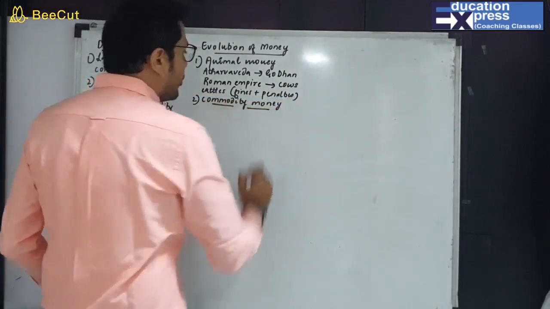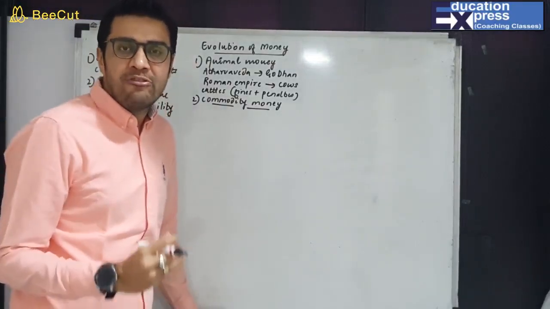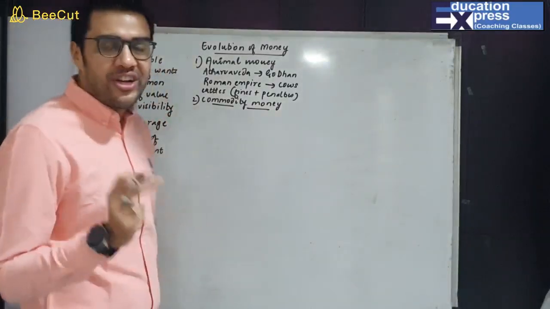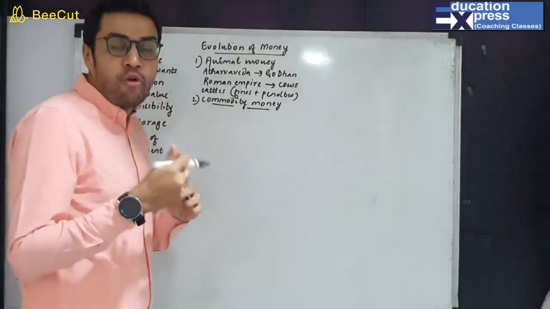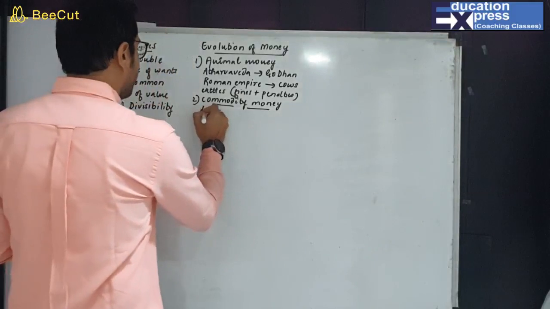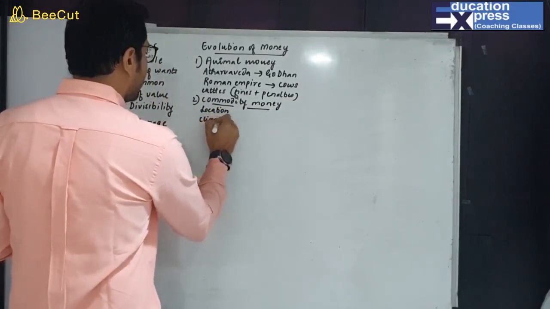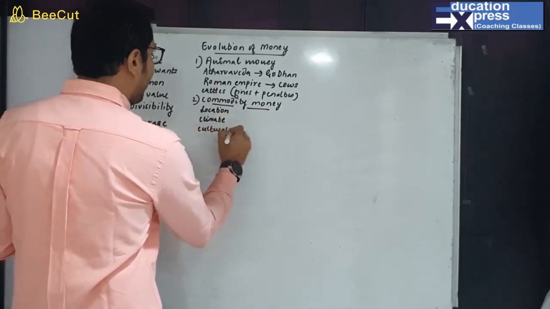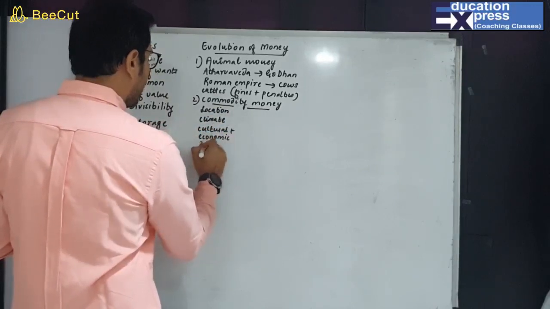When goods were exchanged for goods, that was your commodity money. Commodities were in various forms, as we had discussed. Now, what type of commodity was used as money depended upon the location, the climate, and the cultural and economic development.